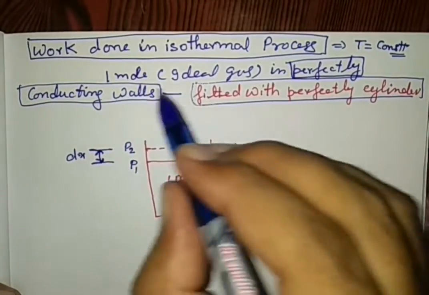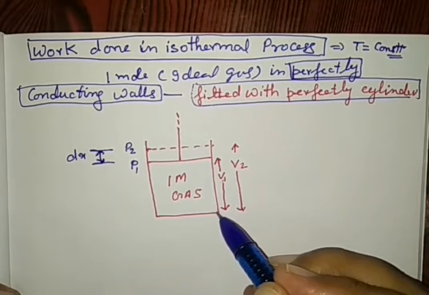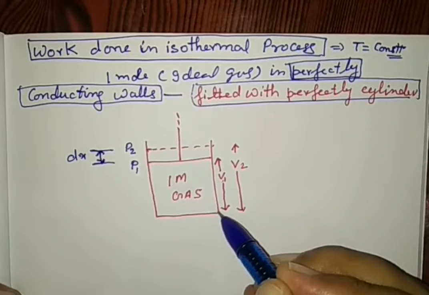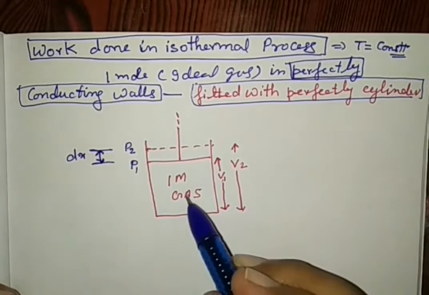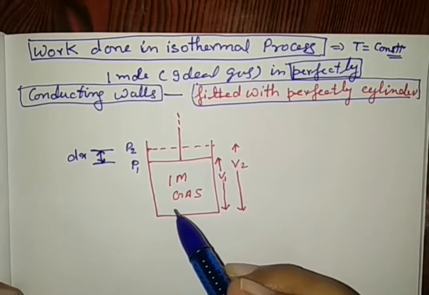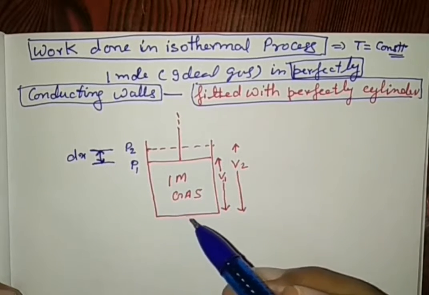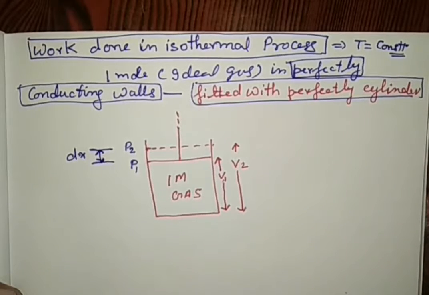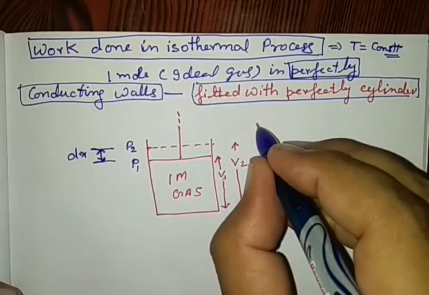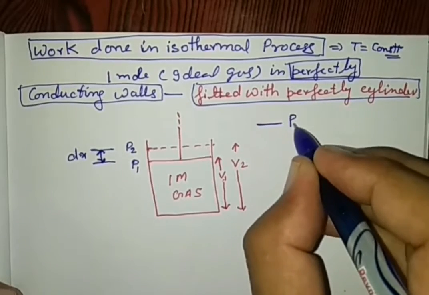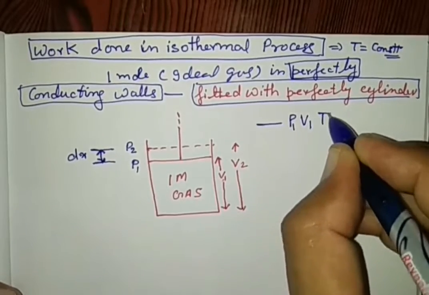And 1 mole of gas is filled in the cylinder. It means the system can take heat from the surroundings and can reject heat to the surroundings. In the beginning, the thermodynamical coordinates are pressure P1, volume V1 and temperature T.